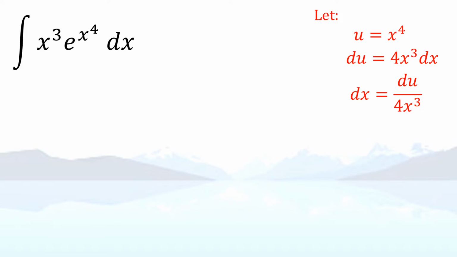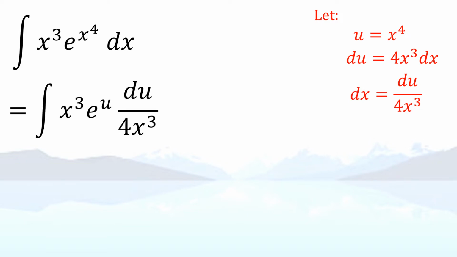And then we are going to substitute all the values. We will be getting the integral of x to the third e to the u du over 4x to the third. And then simplifying further, we can cancel x to the third and x to the third, it will become 1. Then we have 1/4 times the integral of e to the u du.